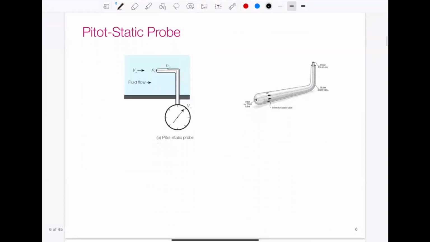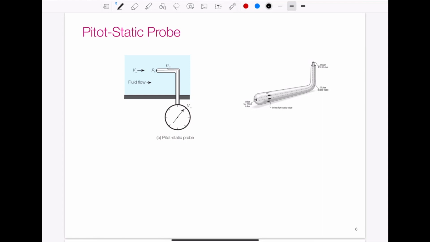So this is a bit different than a pitot-static probe, which I think Jason is mentioning. In a pitot-static probe, it's not just measuring the stagnation pressure, it's also measuring the static pressure. How it does that is it has a pitot tube system.